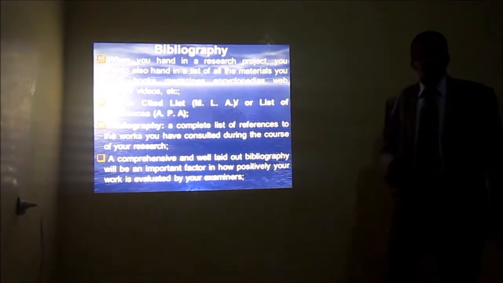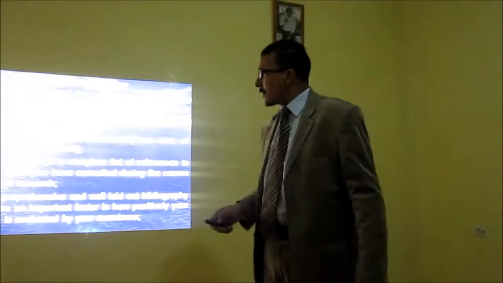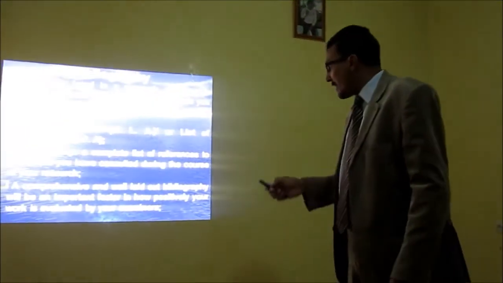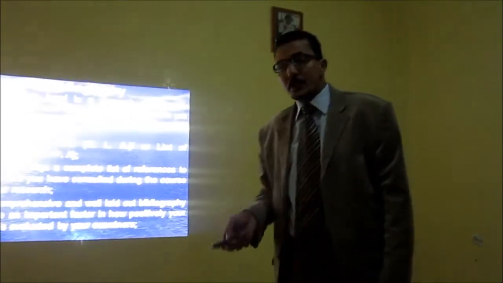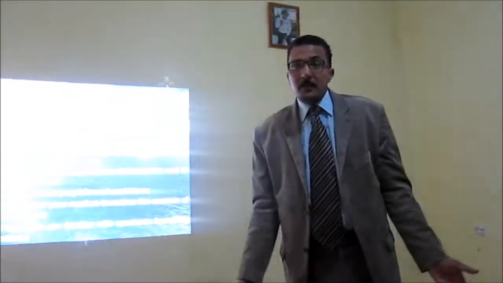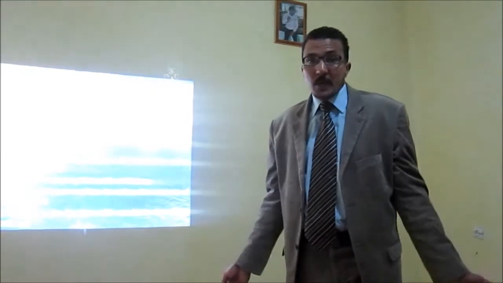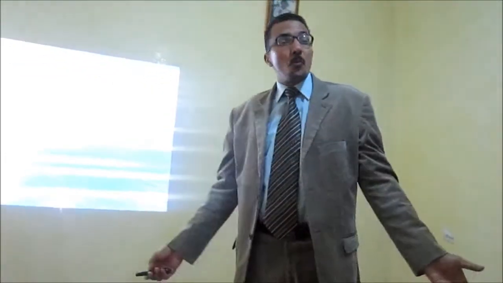In case of using APA, it is list of references. As I said, it is a complete list of the references of the works that we have consulted in our research paper. A good bibliography must be well structured, must be well organized.